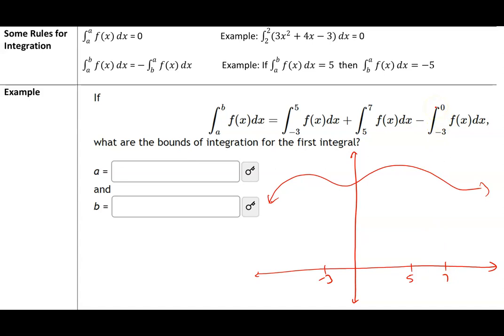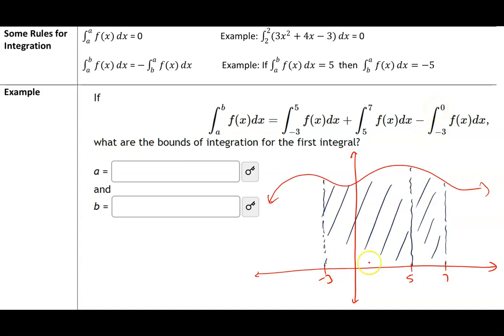Okay, so let's get a visual of this. We have negative 3 to 5, which is this first part, plus 5 to 7, which is that second part, but we're going to subtract off negative 3 to 0. So this is 0 right here. And we're going to subtract off negative 3 to 0. So then our limits of integration are, as you can see, going to be between 0 and 7.